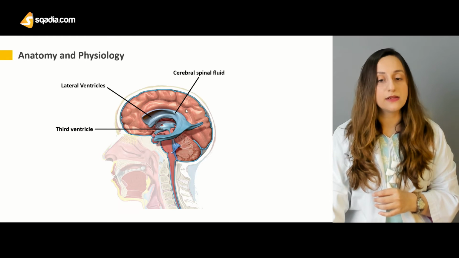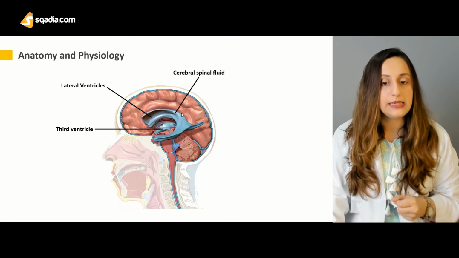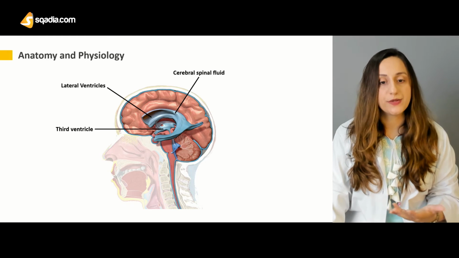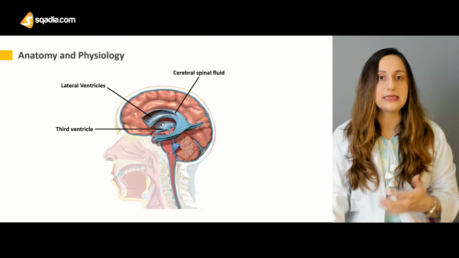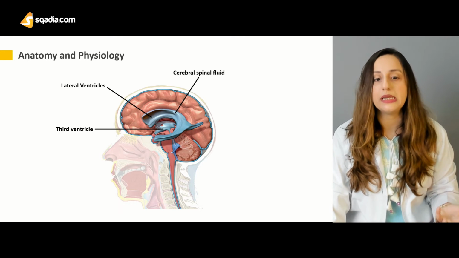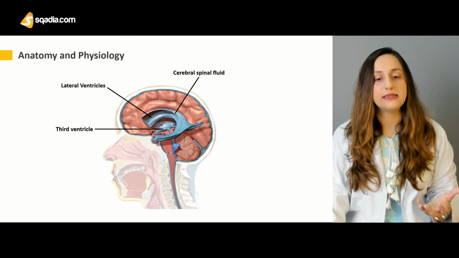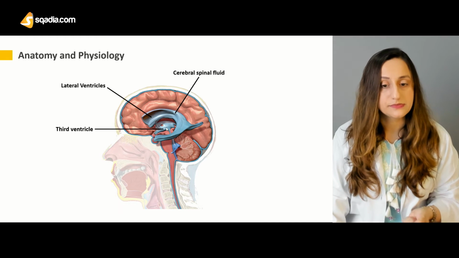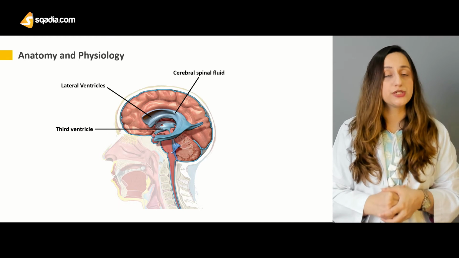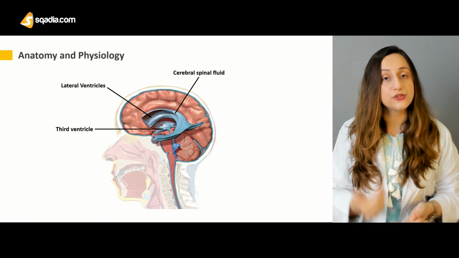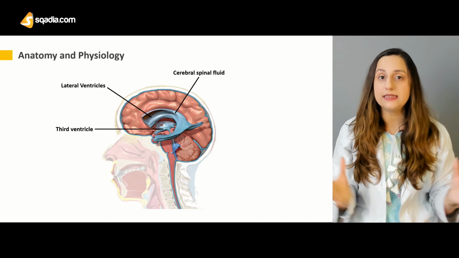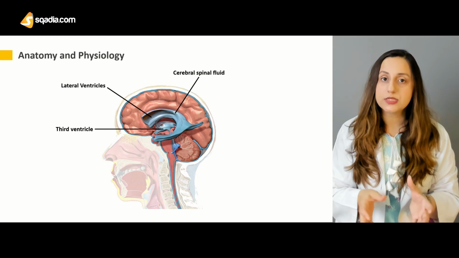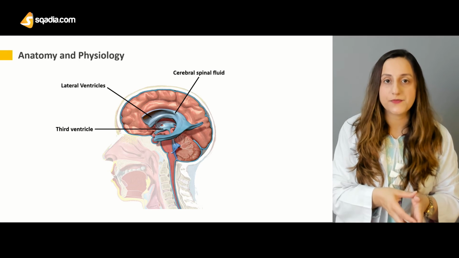The cerebrospinal fluid is produced or formed in the lateral ventricles, and it is formed in the third ventricle. So the formation of the CSF is taking place mainly and majorly in the lateral and in the third ventricle. As for the production of the cerebrospinal fluid, you have to remember that the ependymal cells lining these ventricles are responsible for the formation of the CSF.